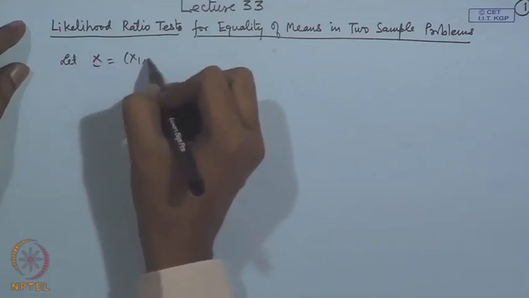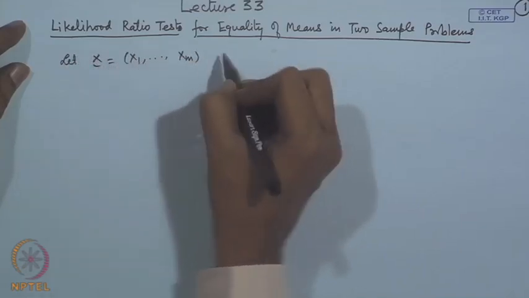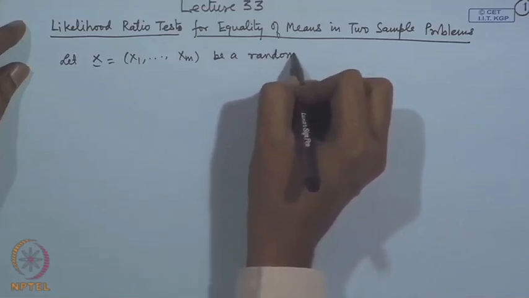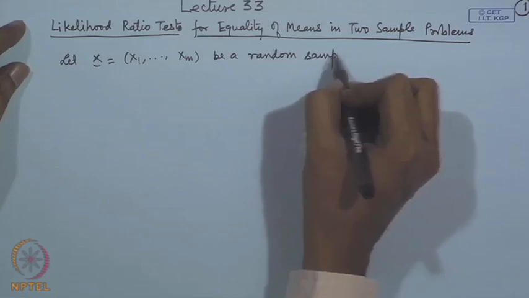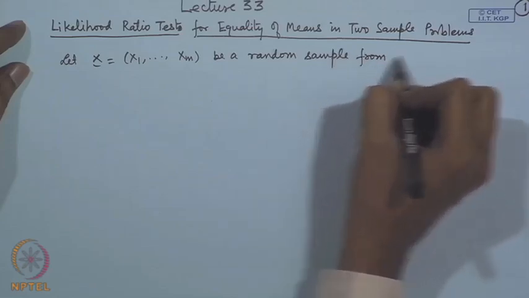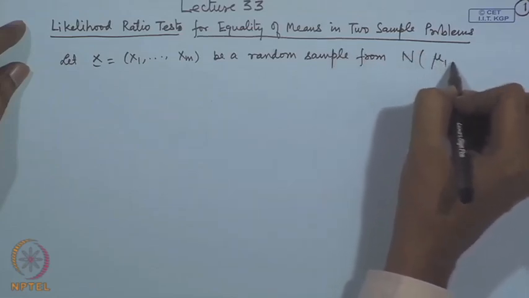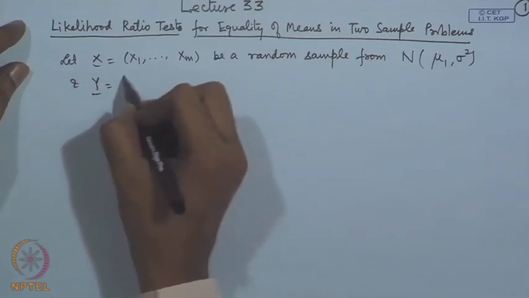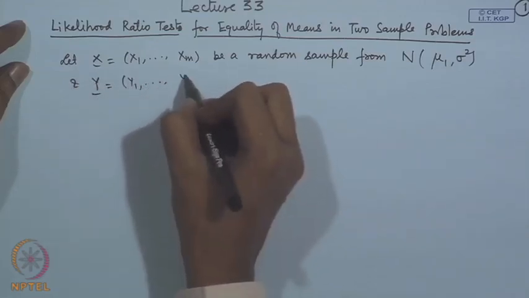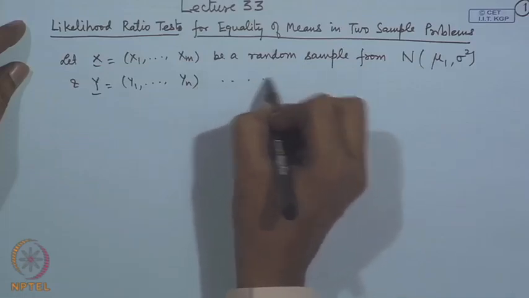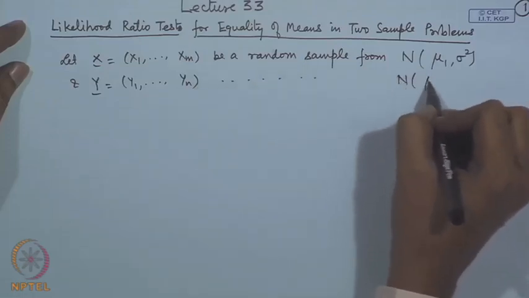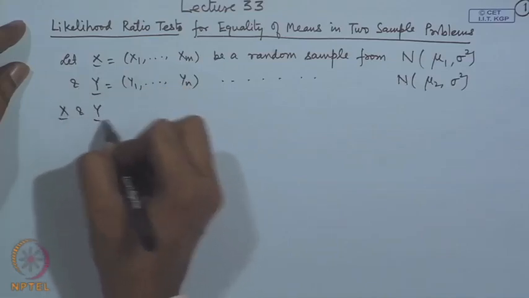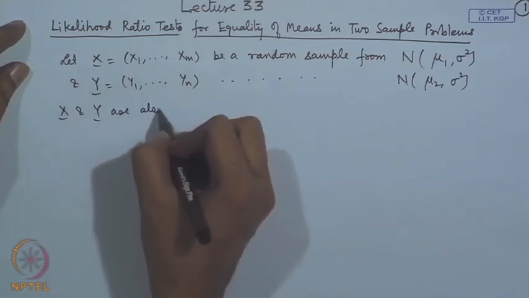Let x 1, x 2, x m be a random sample from normal mu 1 sigma square distribution, and y 1, y 2, y n is a random sample from normal mu 2 sigma square, and x and y are also independently taken.